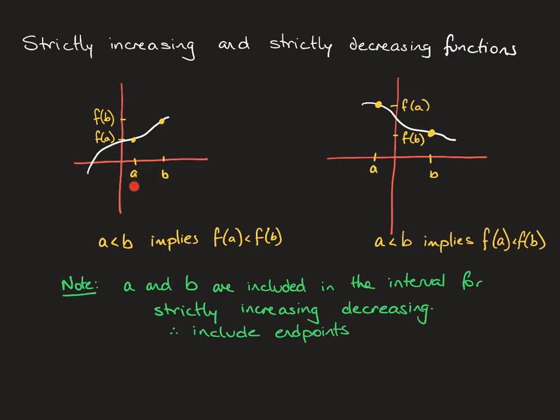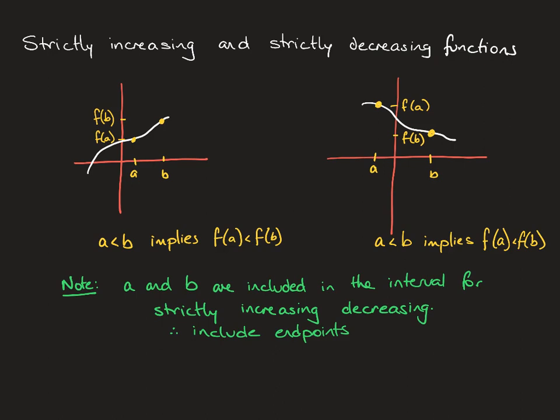If you have two points a and b where a is less than b, and the y value at a, so f of a, is less than the y value for b, then you have a strictly increasing function across that interval. And that interval includes a and it includes b.